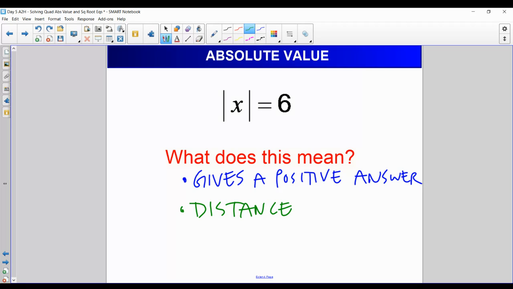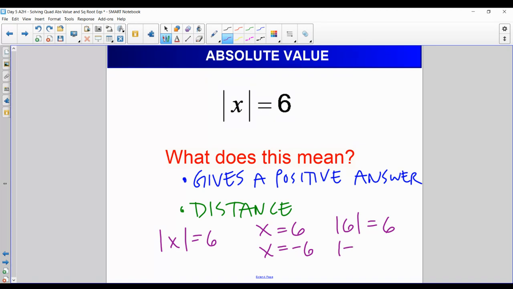So when we get an answer for this, the absolute value of x equals 6, I can have an x of 6 because the absolute value of 6 just gives you back 6, but I can also have an x value of negative 6 because the absolute value of negative 6 is also equal to 6.